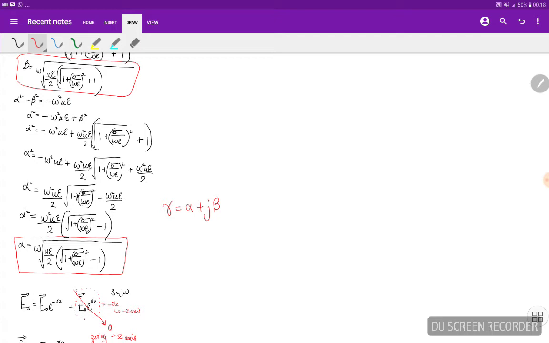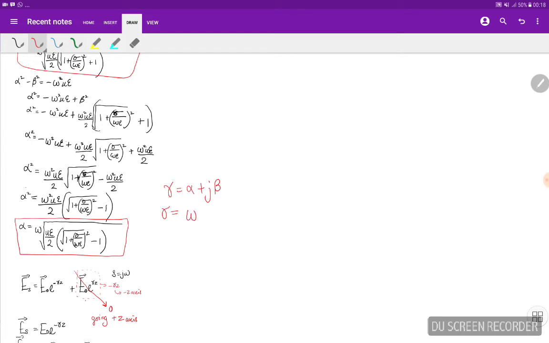So with alpha and j beta we can find our propagation constant, and we know that gamma squared is equal to this, squared mu epsilon for free space, and is equal to j W mu times conductivity plus j W epsilon, for lossy dielectric or a conducting material.